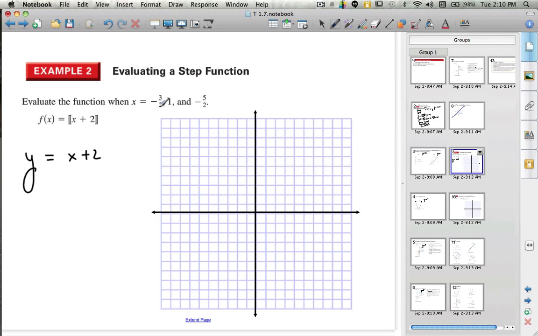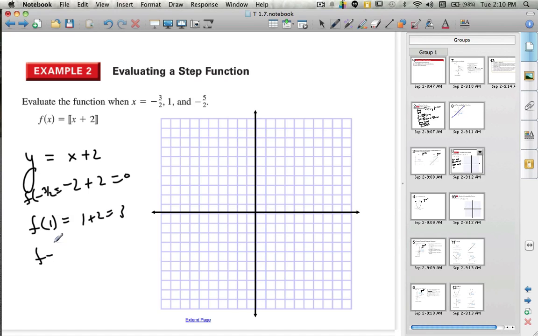So when this one would go to -2, right? The function of -3/2 would be the nearest integer, right? -2 plus 2, which would be 0. And for the next one, f of 1 would be 1 plus 2, which would be 3.